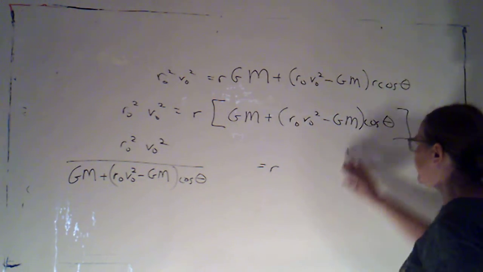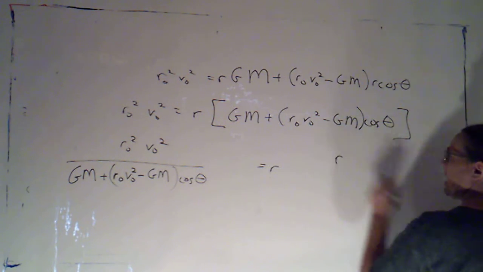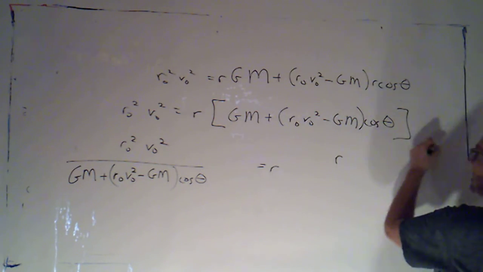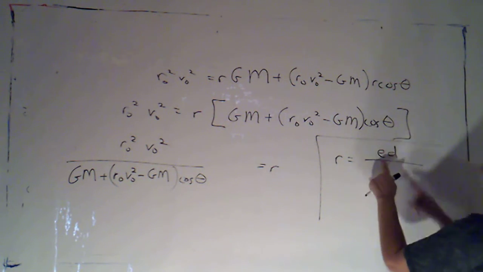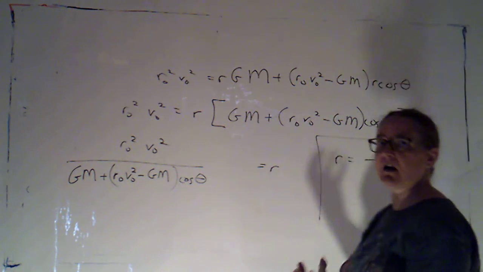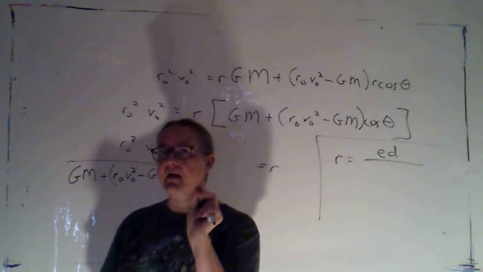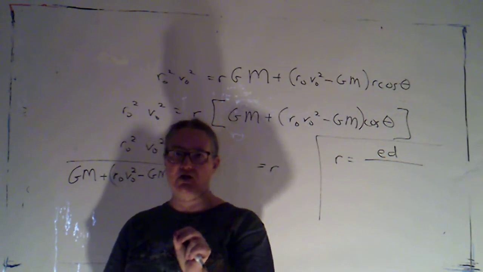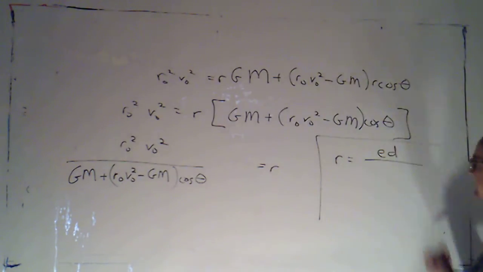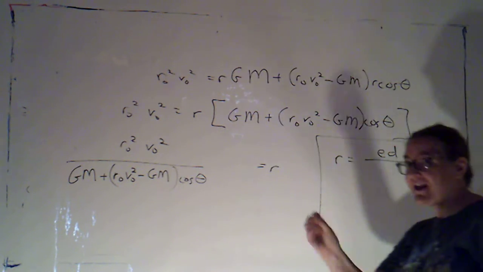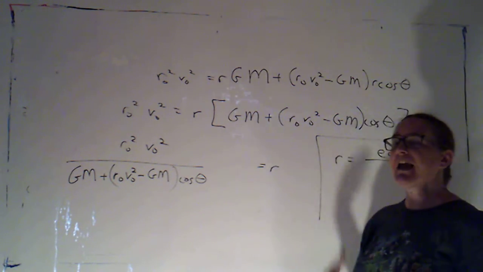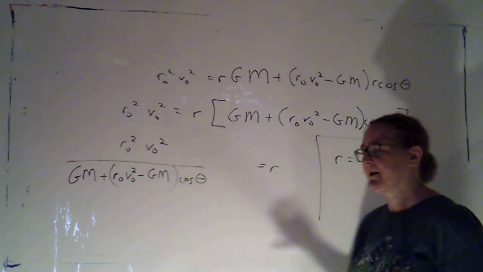Okay. In order for that to happen, I'm just going to remind you that for a conic section, we needed r equal to e times d over 1 plus e cosine theta, where these were constants related to the conic section. What's important is that they both have to be positive numbers. e is the most significant one here for us. e is the eccentricity. The value of e, which must be positive, is going to determine whether we have an ellipse, a parabola, or a hyperbola.